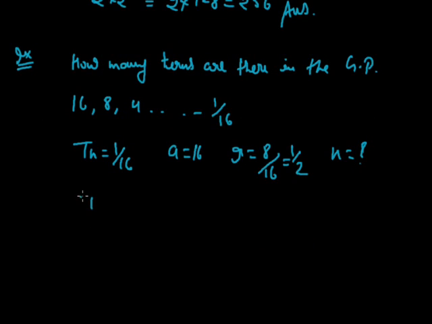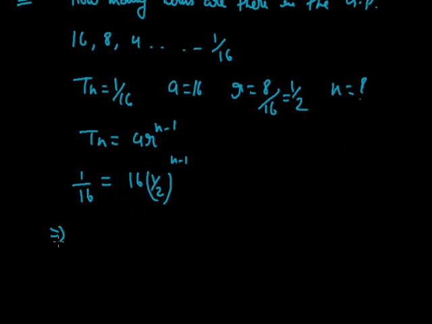Then Tn equal to a into r to the power n minus 1. Tn is 1 upon 16 equals a, 16, into 1 upon 2 to the power n minus 1. Then 1 upon 2 to the power n minus 1 equals 1 upon 16 into 16, which is 2 to the power 4 into 2 to the power 4.